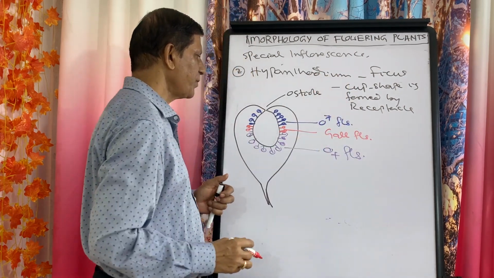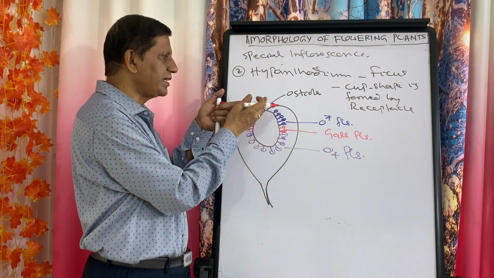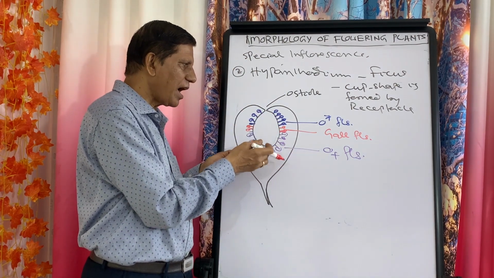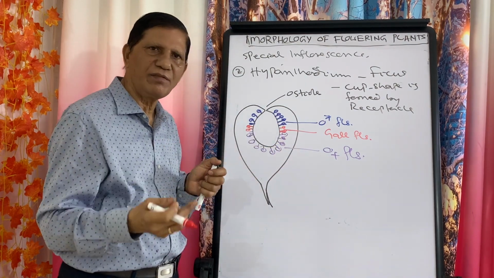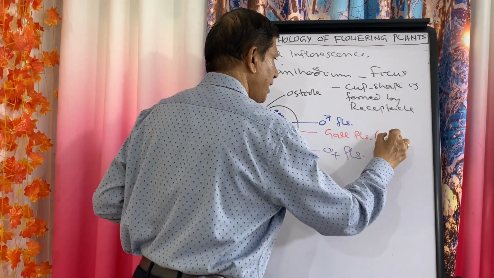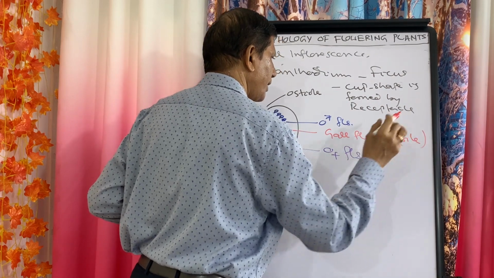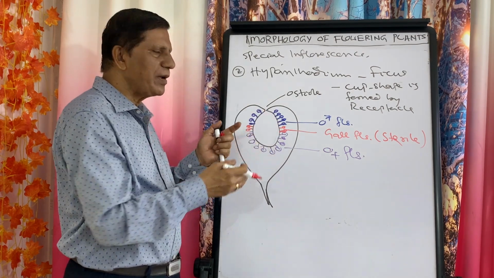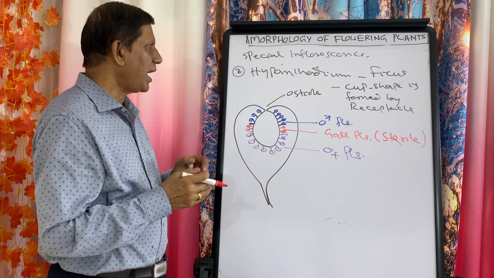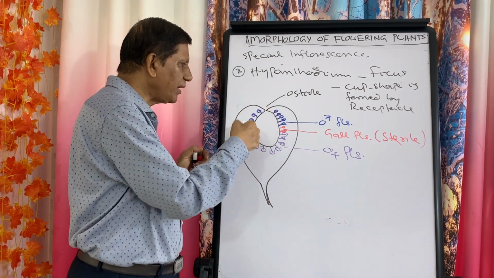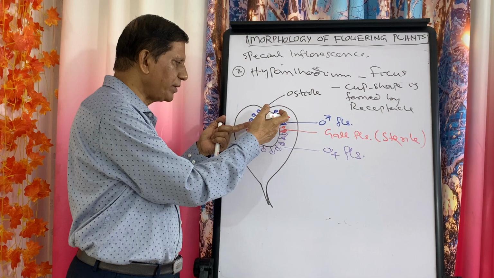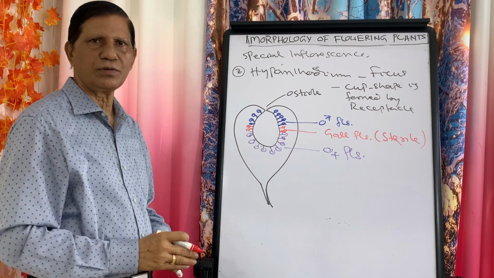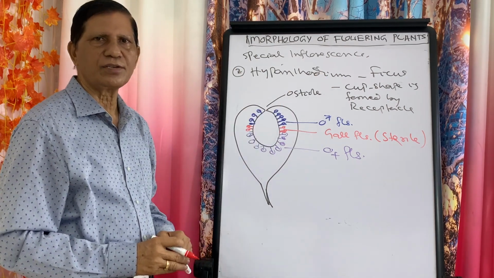That means the male flowers are towards the ostiole, that is the opening, while the female flowers are towards the base, and in between male and female flowers there are some sterile flowers which are known as gall flowers. Here a large number of male and female flowers are present, and when one insect visits, it will pollinate all the female flowers, because pollens are formed by the male flowers. So seed set is assured, and that happens in case of ficus.